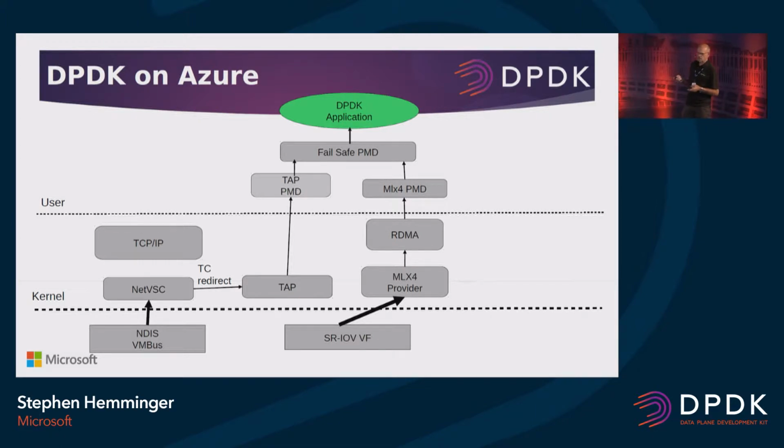I should talk a little bit here about the two paths. The synthetic path is used for the first packet in the flow. How many people in this room know what OpenFlow is? So in OpenFlow, traditionally, the first packet goes through an exception path, goes into userspace. Userspace decides what it's going to do with it, and then programs the hardware to do the rest of it. We do a similar kind of thing, only we're programming the FPGA.